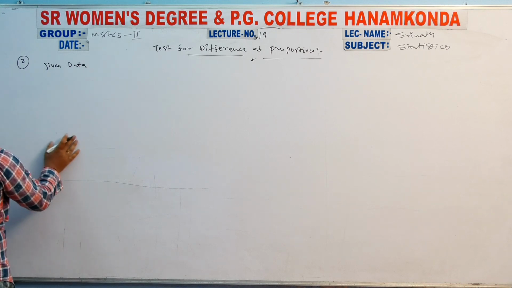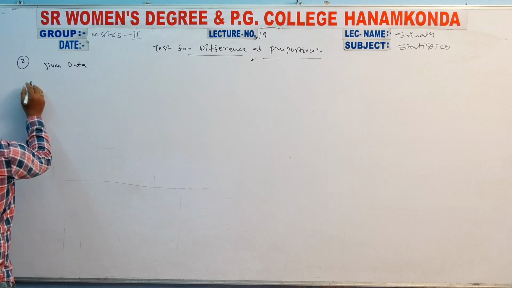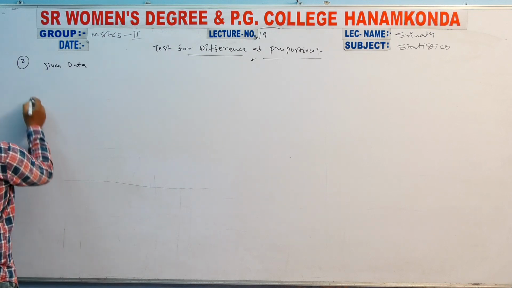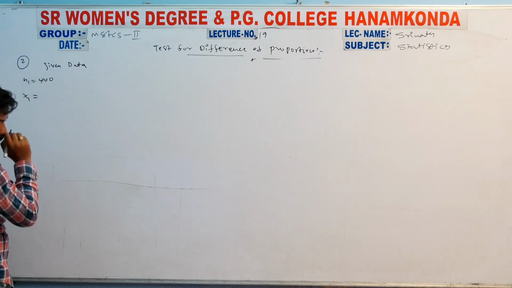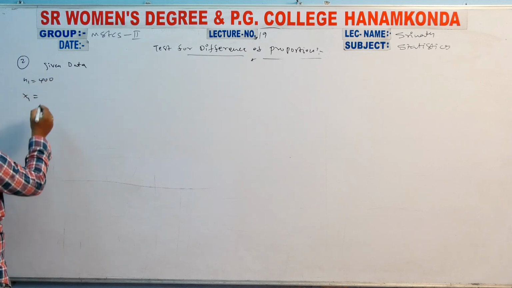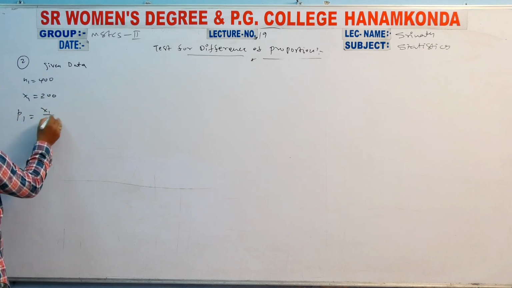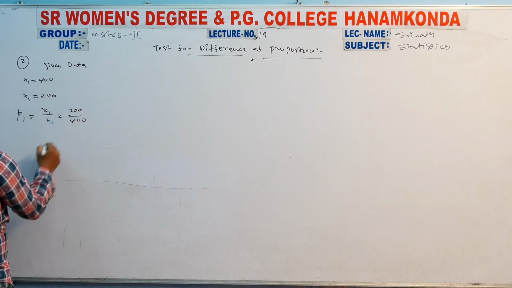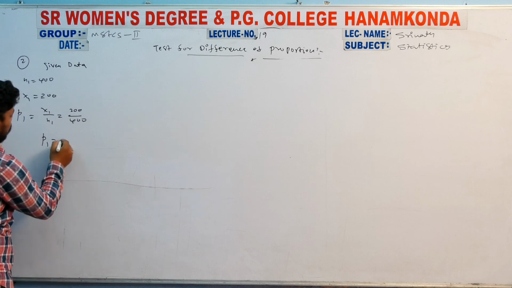First sample: N1 is equal to 400 and X1 is equal to 200, and proportion P1 is equal to X1 by N1 is equal to 200 by 400, and P1 is equal to 0.5.